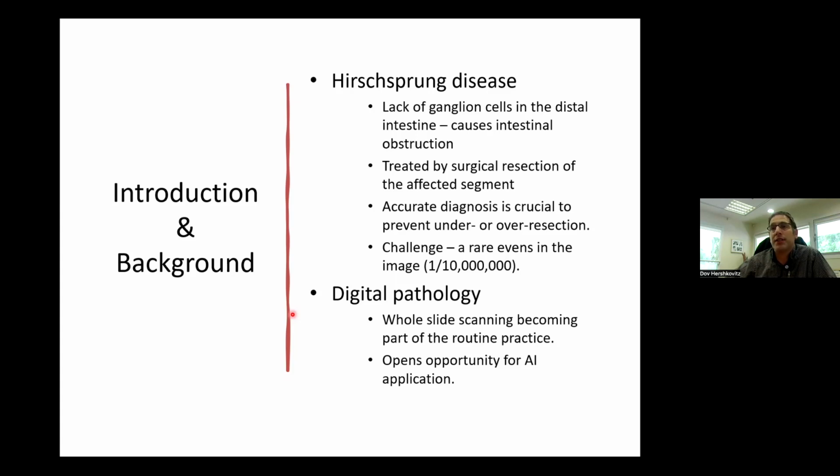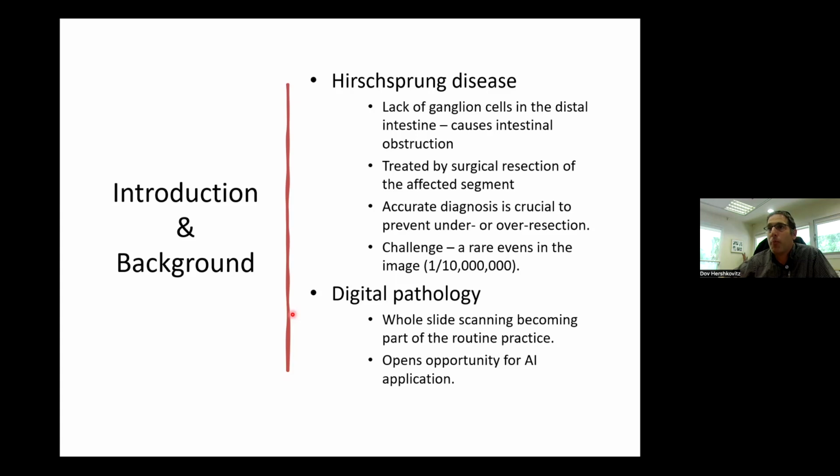Actually, Rami mentioned it at the beginning. The choice of Hirschsprung disease was because we asked pathologists what is the most challenging task that they encounter, and many of them said Hirschsprung because they have to go through dozens of slides to identify very, very small events of ganglion cells.